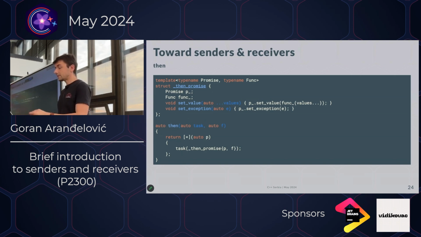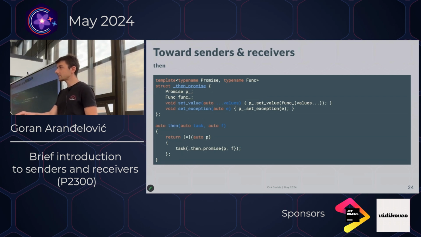And what is wrapped within that promise? A continuation that will be executed, and this is function f. And if you see the implementation of set value in this promise, this is actually calling set value on the promise that will be passed later on when we return from the then function.